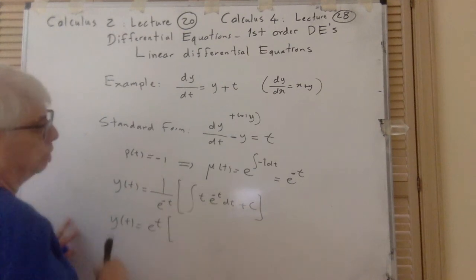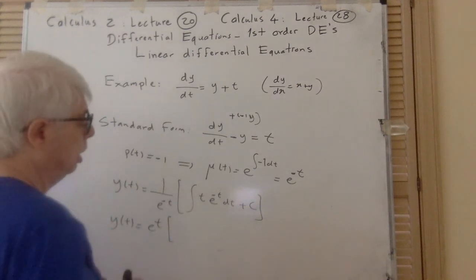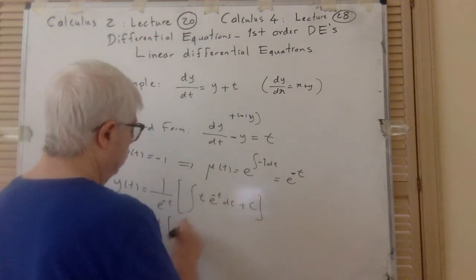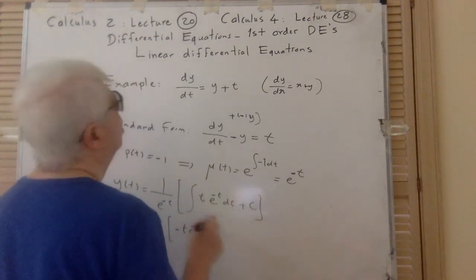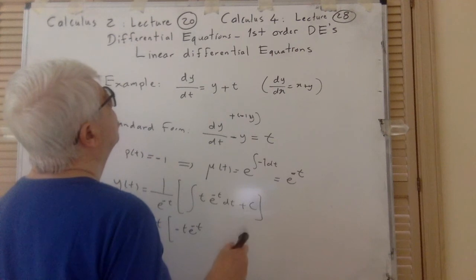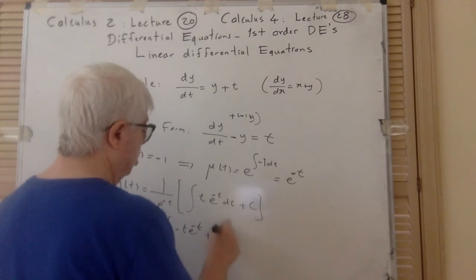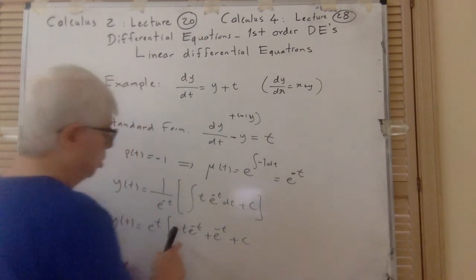What is this integral? That is integration by parts, and that will be minus t e to the power minus t minus e to the power minus t. I'm not sure if that is plus or minus, so let's find the derivative.